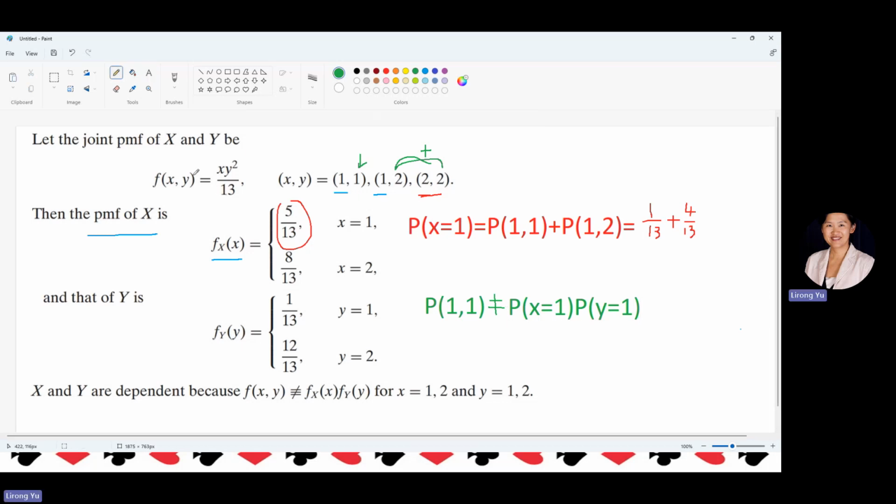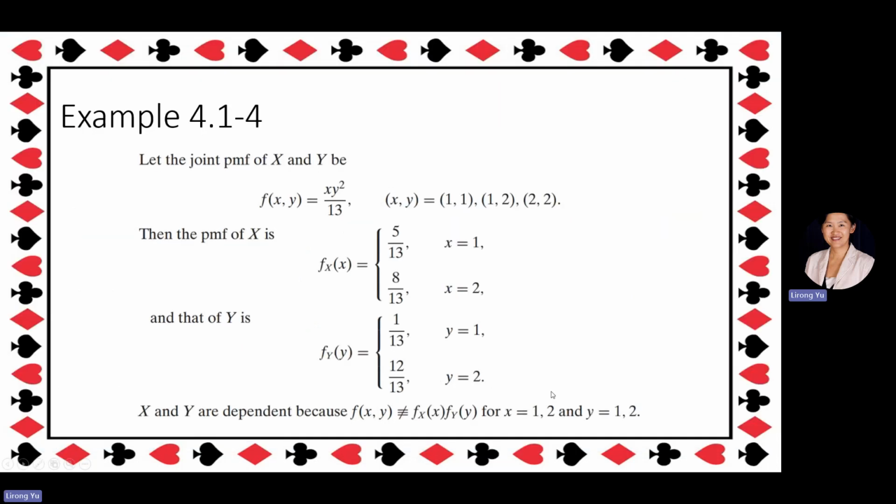The probability of (1, 1) is 1 over 13. The probability of x equal to 1 is 5 over 13, and the probability of y equal to 1 is 1 over 13. Now we multiply them, so the right side is 5 over 169, and this is 1 over 13. They're very close, but not equal. Any question? That's another example when the variables are not independent.